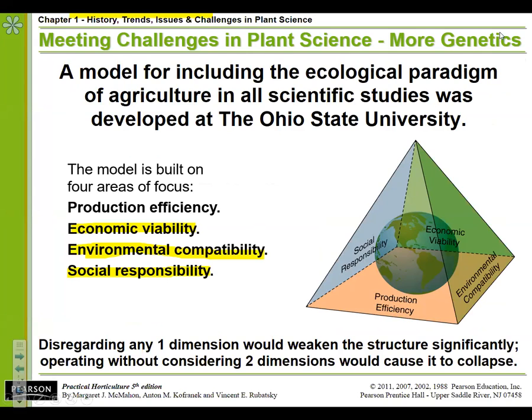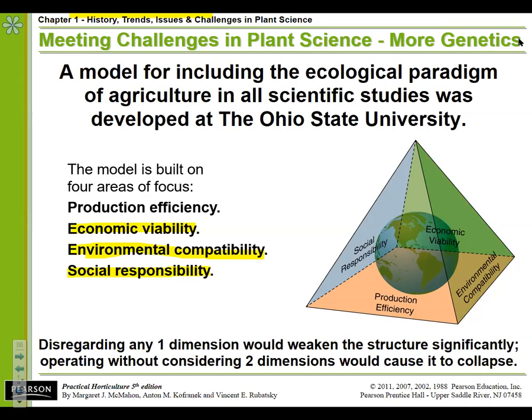So this model for the ecological paradigm in agriculture was actually developed at Ohio State University. And OSU is one of those land grant universities. Every state has at least one, where basically the federal government set aside some land so that they could develop some sort of agriculture programming.